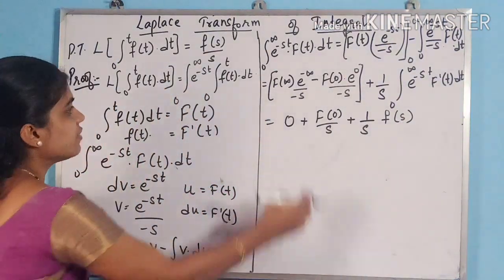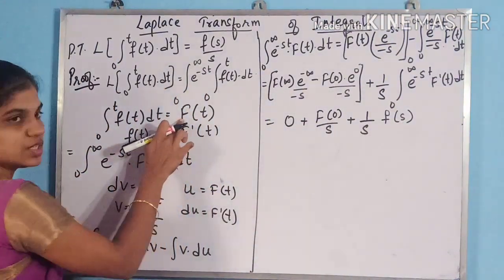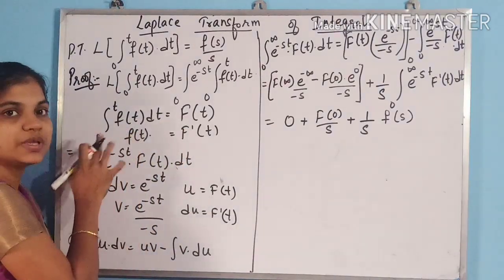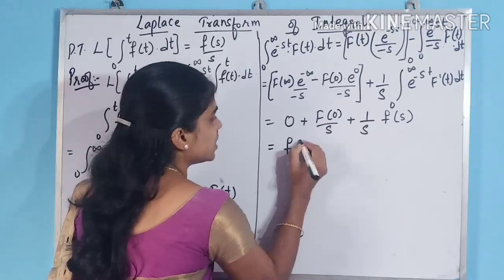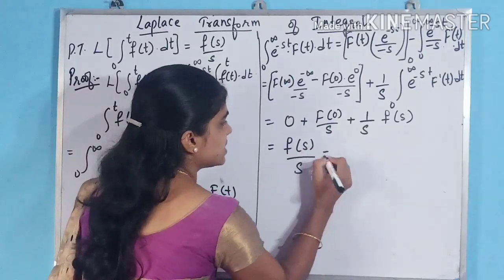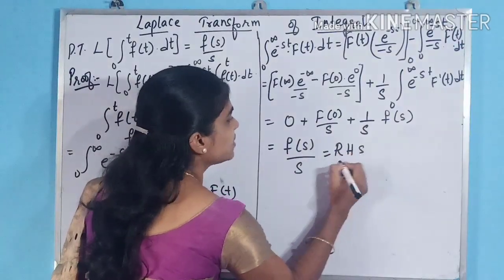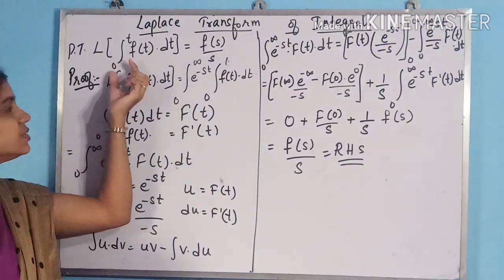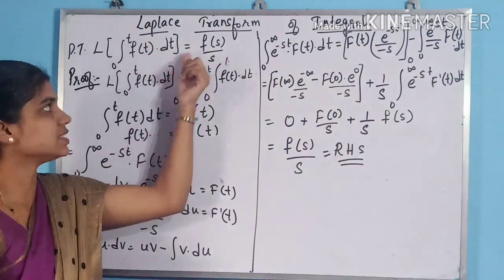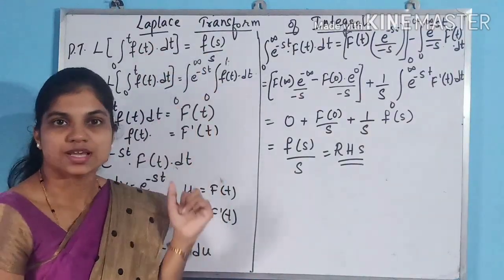Now F of 0, if I take here, it's going to be equal to 0. So that means this is equal to F of s by s, and this is equal to my RHS. Laplace transform of integration 0 to t f of t dt is equal to F of s upon s.